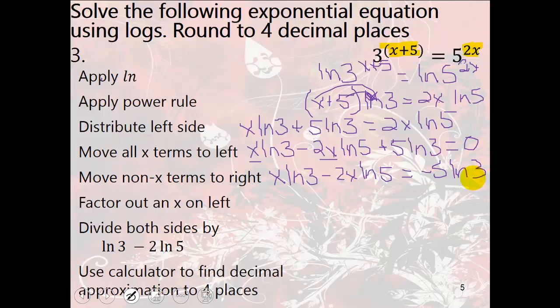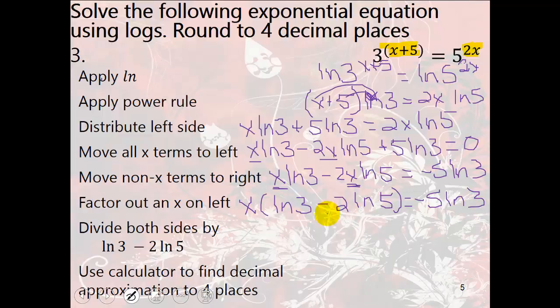So what I have to do is I have to factor out an x and an x. So I'm going to pull that out, x, so then I get ln of 3 minus 2 ln of 5 equals negative 5 ln of 3. And now I have to divide both sides by this ln of 3 minus 2 ln of 5.